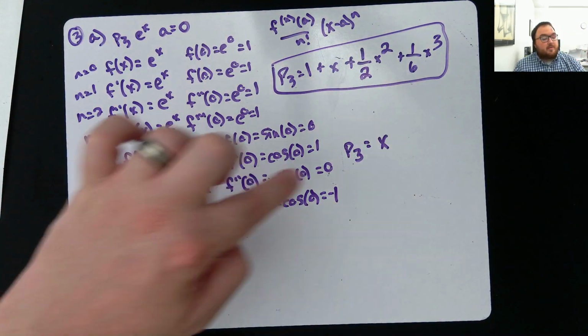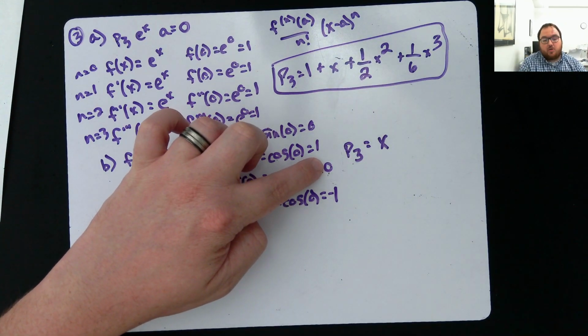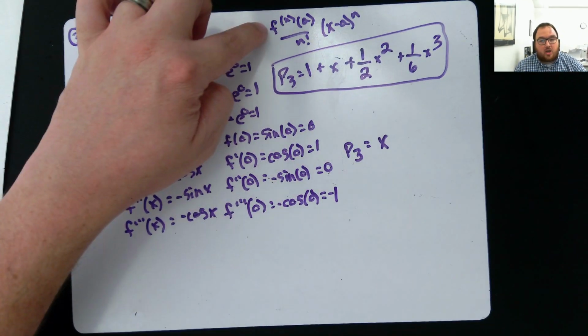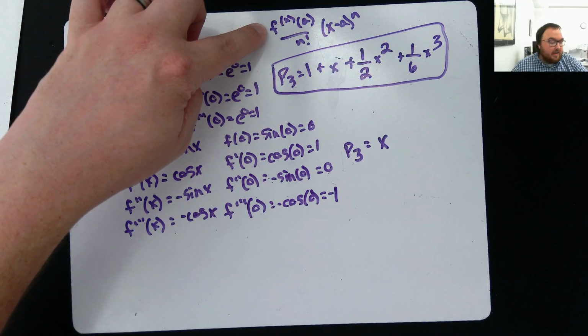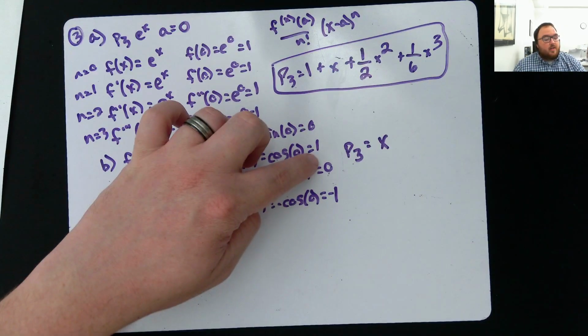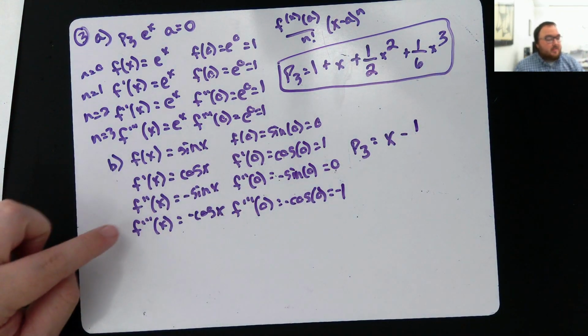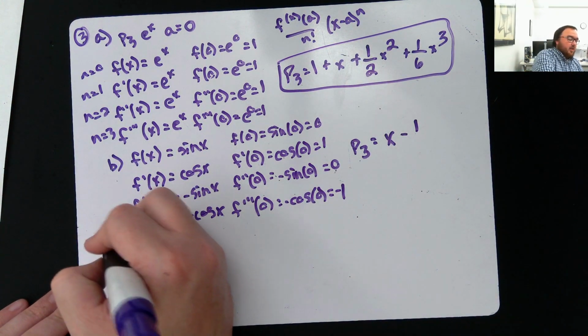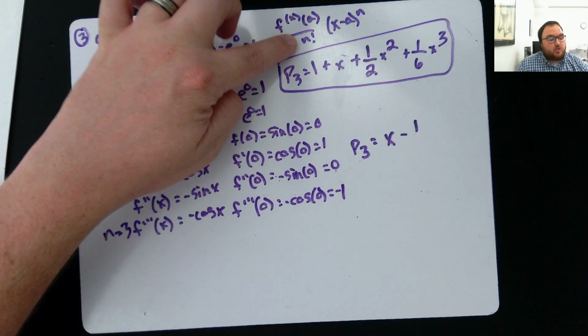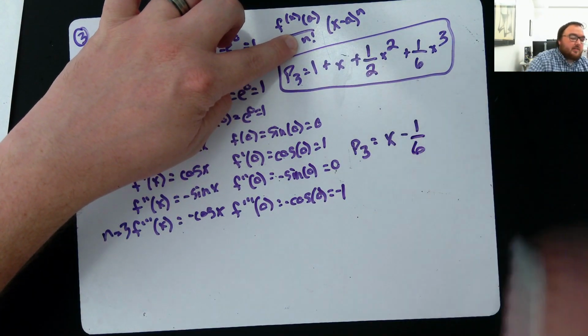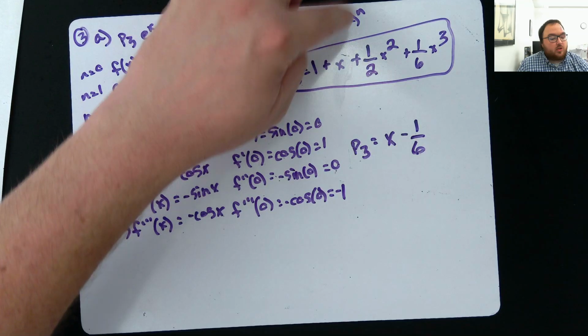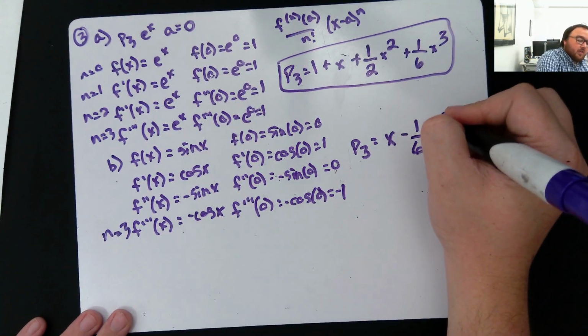For my next term, 0 is what I got, so I don't even need it, because that's what I'll have up top, so it's going to cancel everything else out. Then for my last term, I get negative 1 over, since this is n equal to 3, I would do 3 times 2 times 1, which is over 6. X minus 0 to the third is x to the third.